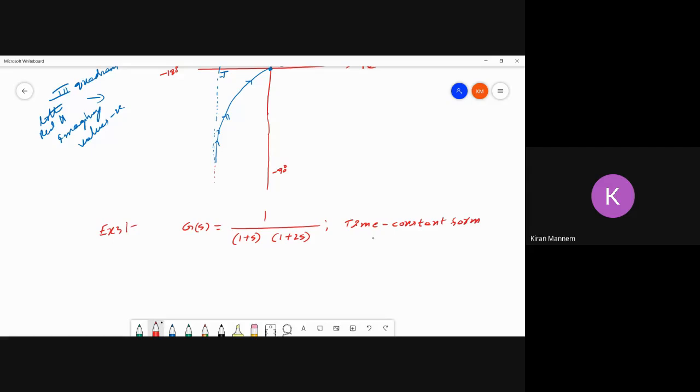All of you substitute s equal to j omega to get the sinusoidal transfer function.